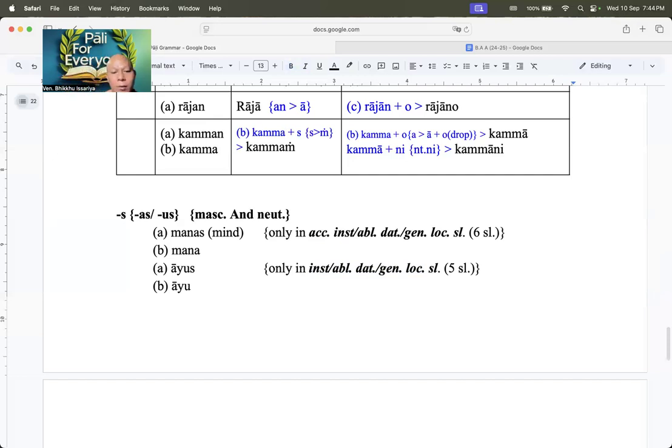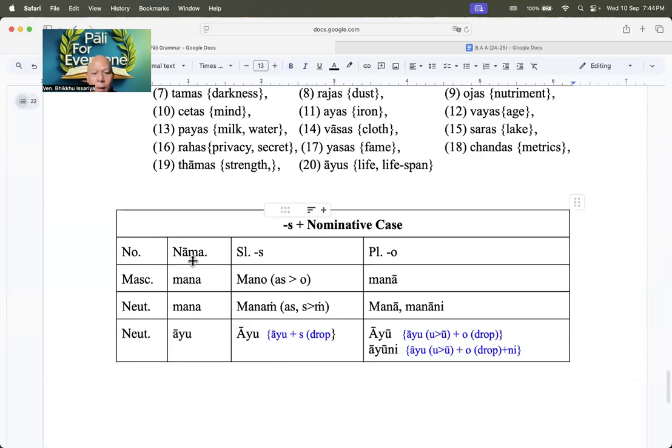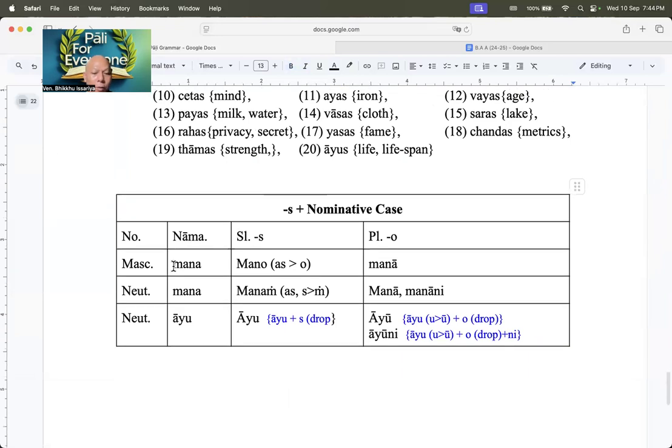So now let's go to our chart. With the nominative case singular here, manas. So that one is just coming from the a stem. So mana, after that the sa.